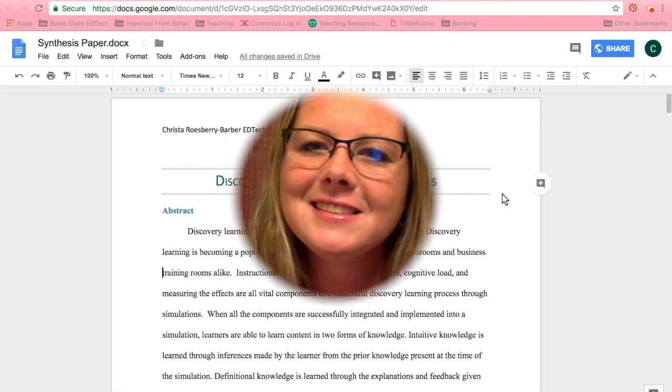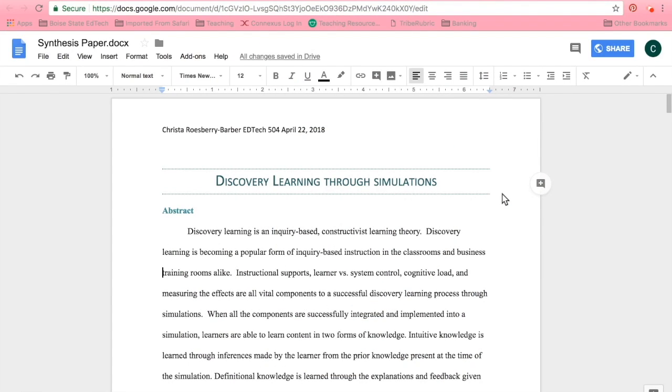AECT standard number 5, research. Candidates explore, evaluate, synthesize, and apply methods of inquiry to enhance learning and improve performance. During EdTech 504, I conducted research on discovery learning through simulations. This demonstrates my knowledge of being able to conduct research and practice using accepted professional and institutional guidelines and procedures.